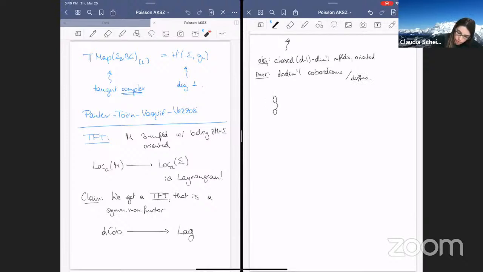So we have something like this. This is a morphism from 2 circles to 1 circle, and these are also oriented.